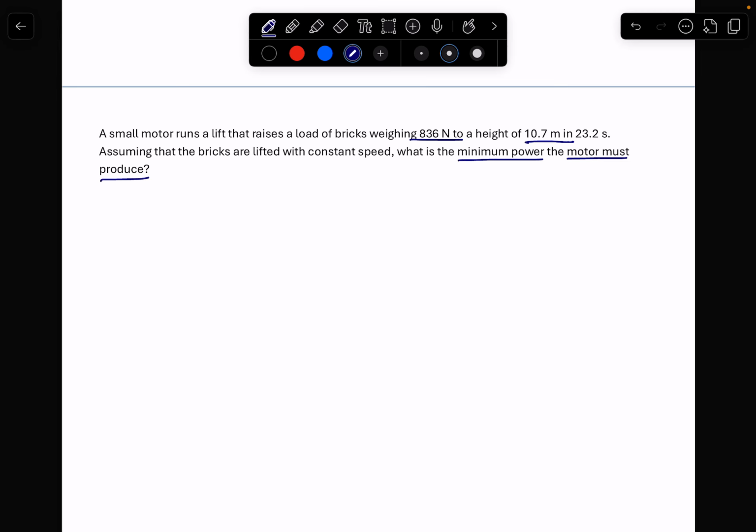I do not remember the formula for power, so let me quickly look it up, and for that I will use the equation sheet that will be provided in the exam.